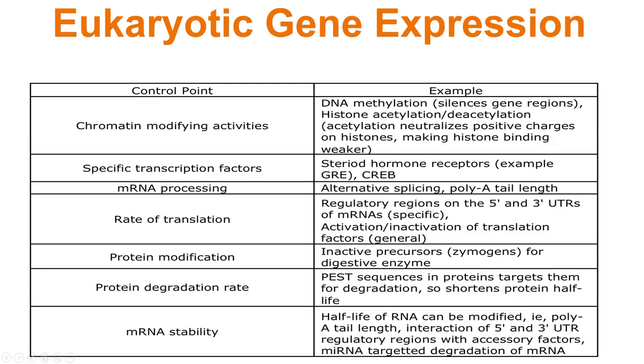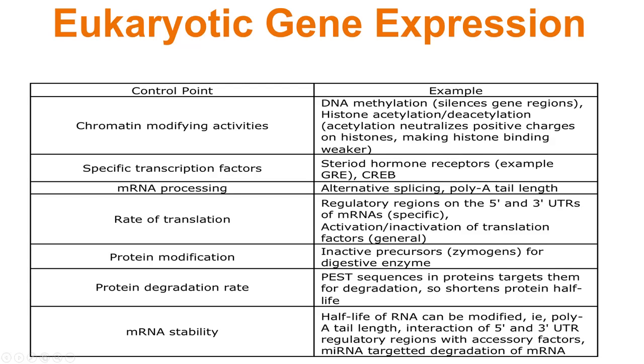So eukaryotic gene expression tends to be much more complicated than the prokaryotic model. You might think the lac operon is pretty complicated, but it's really not. And hopefully by the time you're done going through it, it's really not too bad. Okay? If you're struggling with it, come see me. But all these different things are examples of things that can affect eukaryotic gene expression and do affect it.